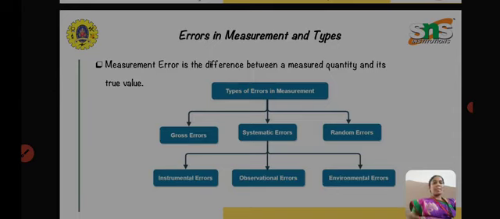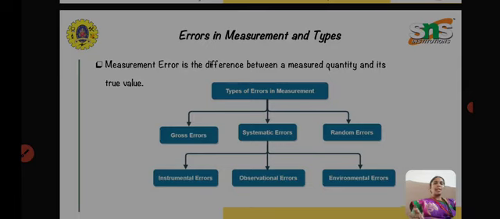It can be avoided by calibrating the instrument frequently. And the environmental error arises due to the change in the environmental conditions such as temperature, humidity, pressure and electrostatic and magnetic fields. This systematic error can also be divided into static and dynamic errors, and the observational error comes under the gross error also.